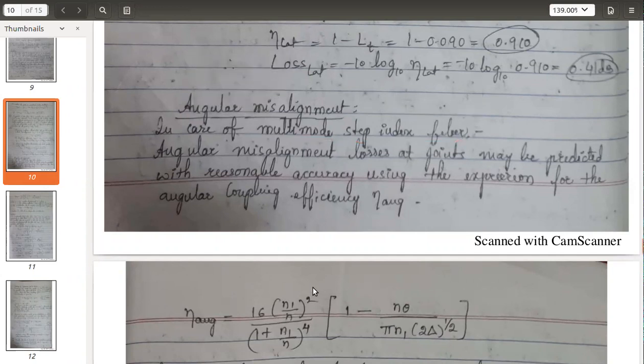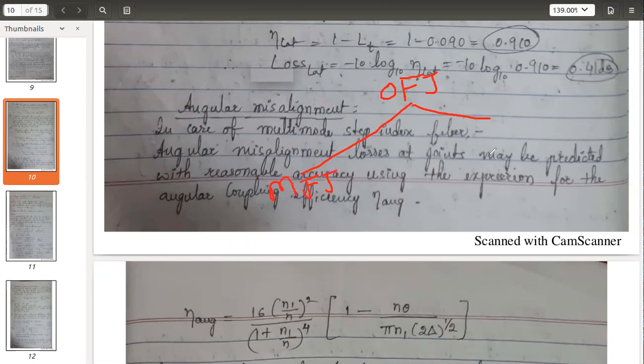Now coming to the next type of losses. We have seen in the multimode fiber joints, both for step index and graded index, lateral misalignment and angular misalignment. Let me just give you the brief. In case of optical fiber joints, OFJ, we get multimode fiber joints.